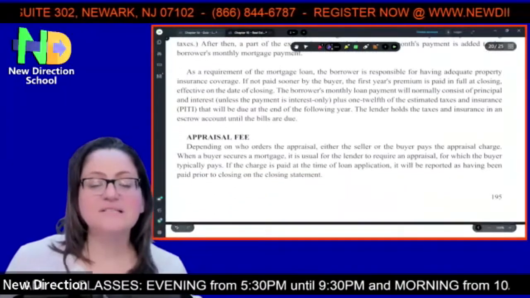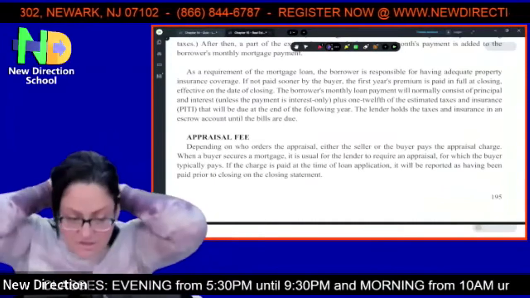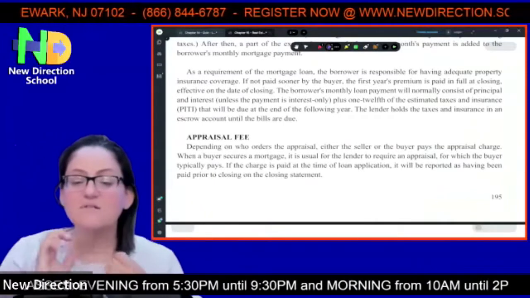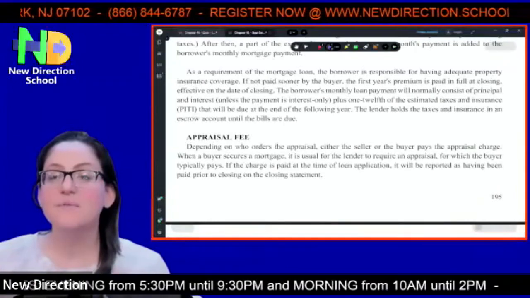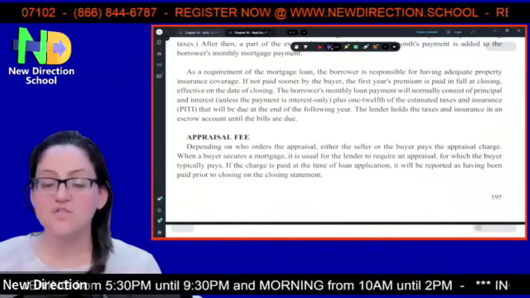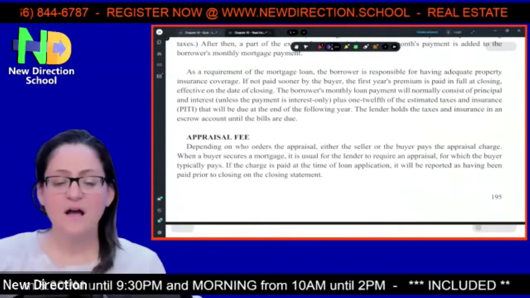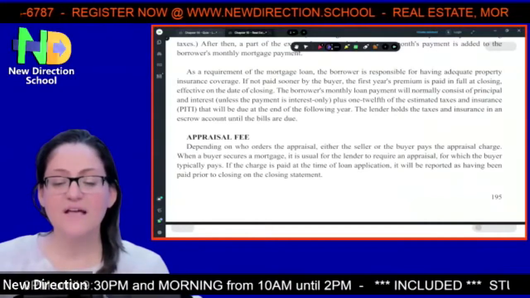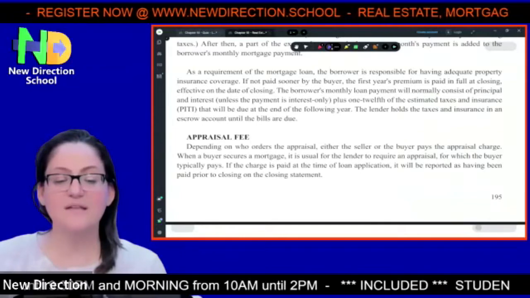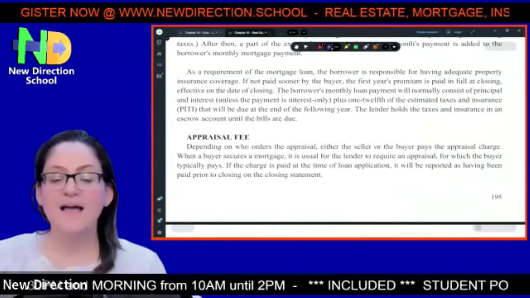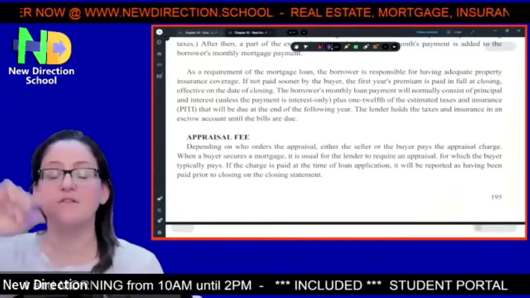So what it's really saying, to put it in simple terms, is that the escrow account will collect principal, interest, taxes, and insurance, okay? And here it says plus 1/12 of estimated taxes and insurance will be due at the end of the following year. So that 1/12 is paid the following year.